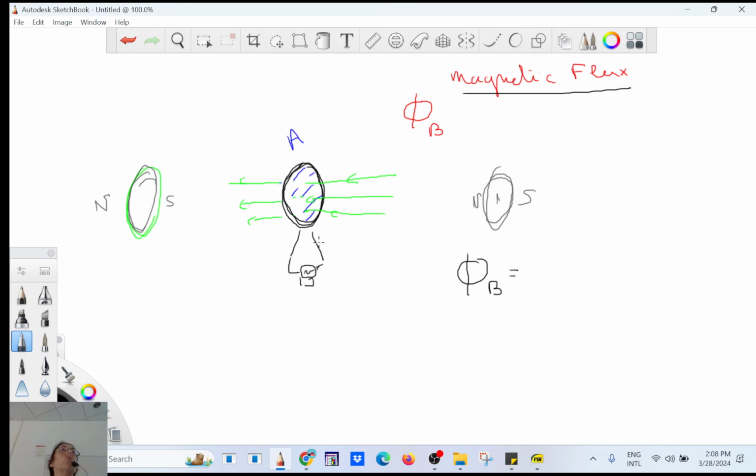It's an easy way to think about it. That will be a way to find how many magnetic field lines are poking through this area. The magnetic field here is B, and in that case it's perpendicular to this area.